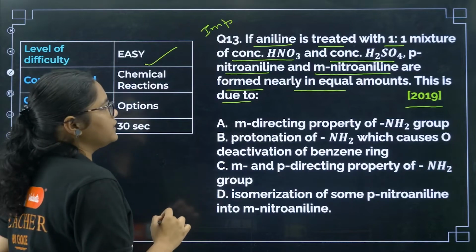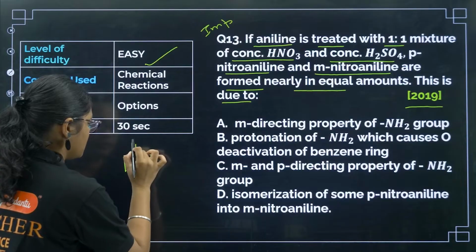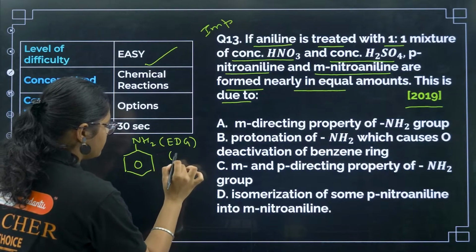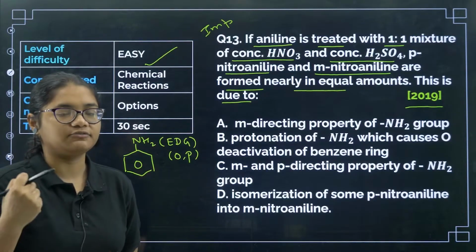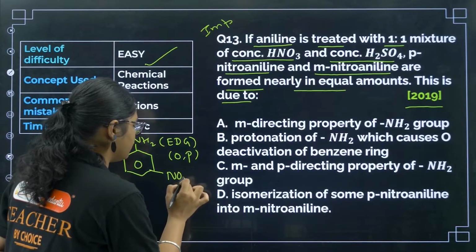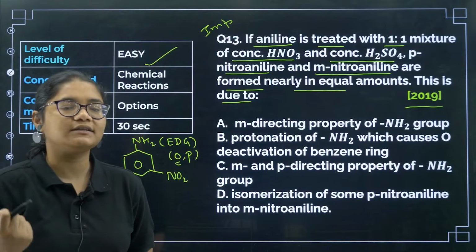Aniline is an electron donating group, so it should be ortho and para directing, right. But if we do nitration, we find that meta and para products are almost the same. Now what is the reason for that?